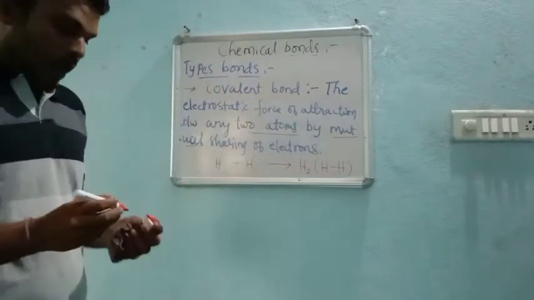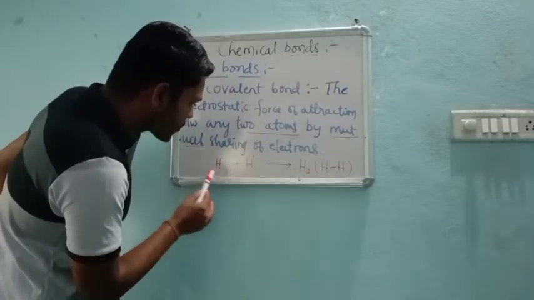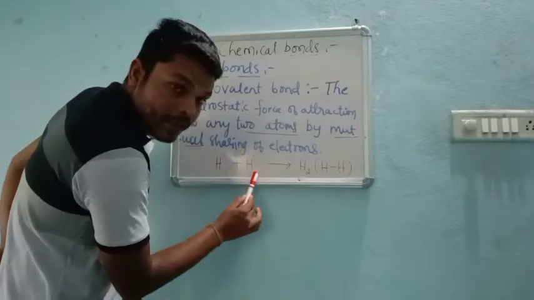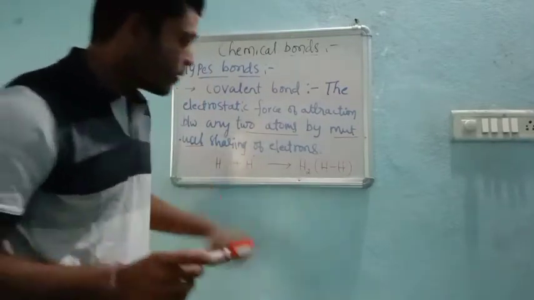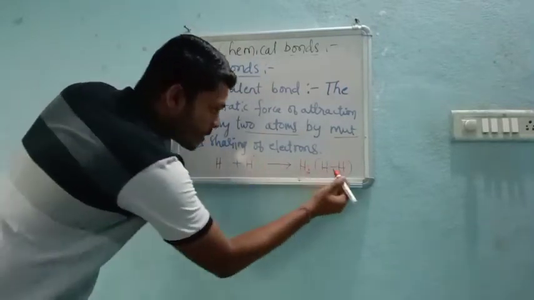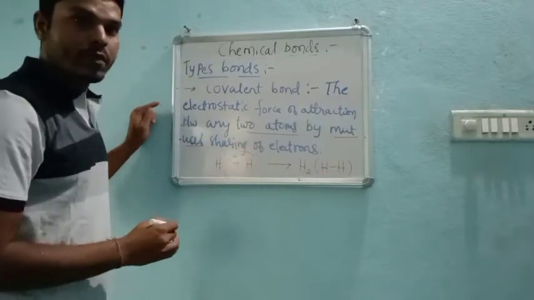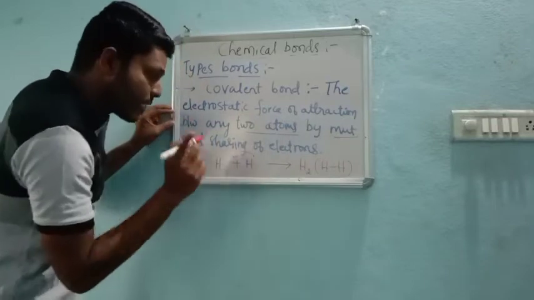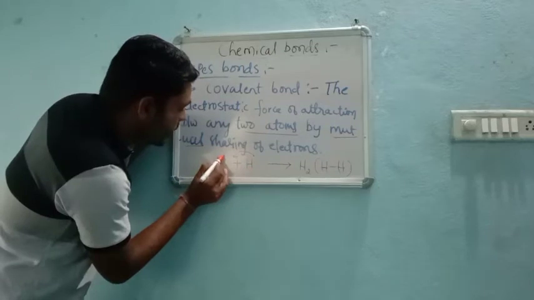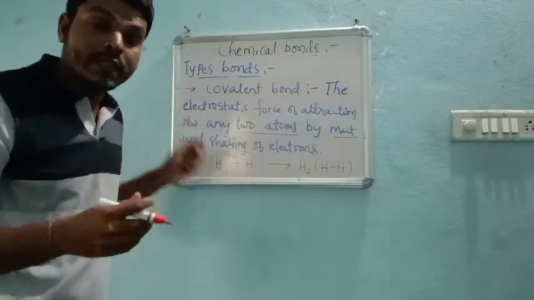Now see, there is a single bond after the reaction, a formation of a single bond between hydrogen and hydrogen. How many electrons do we require for a single bond? 2 electrons. Therefore, to form this bond, this hydrogen has donated 1 electron, and in the same way this hydrogen donates 1 electron. This is called mutual sharing.